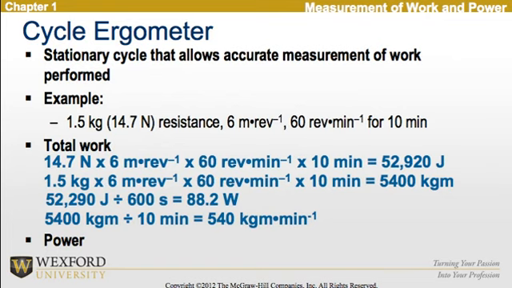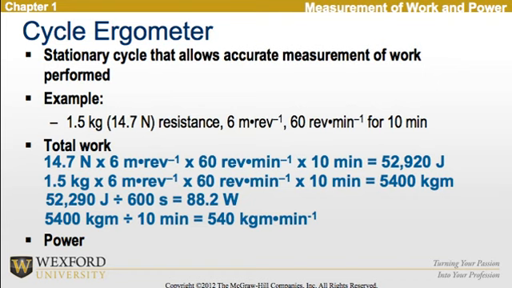Now looking at a cycle ergometer, it's exactly the same process. The only difference is instead of being on a step, we're on a bicycle or a cycle. The stationary cycle allows an accurate measurement of work performed. Now instead of using steps, in this particular case we're going to use revolutions per minute. But the equation is going to be the same, where we're looking to determine the power in watts.